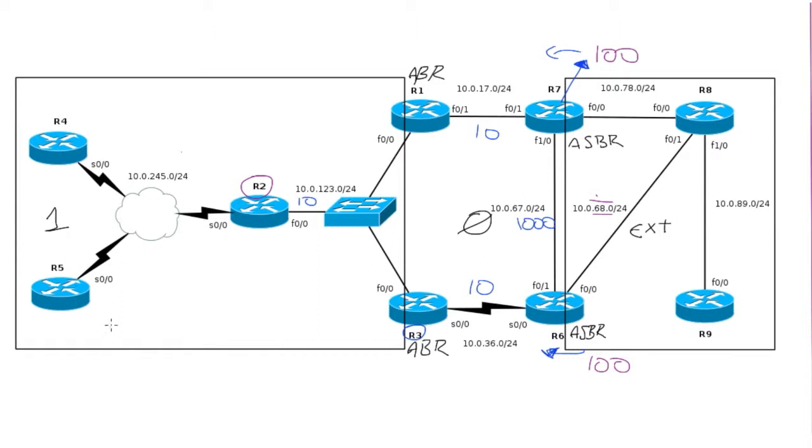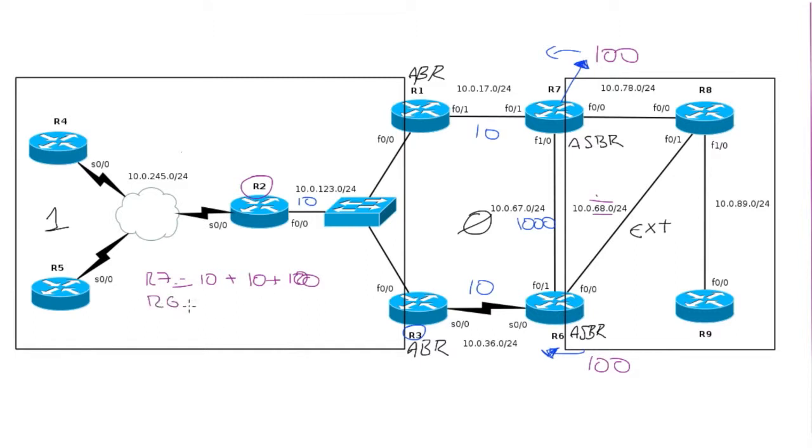So basically, if you use R7, we're using 10, which is our cost to reach R1, plus the cost that R1 has to reach R7, plus the external cost of 100.